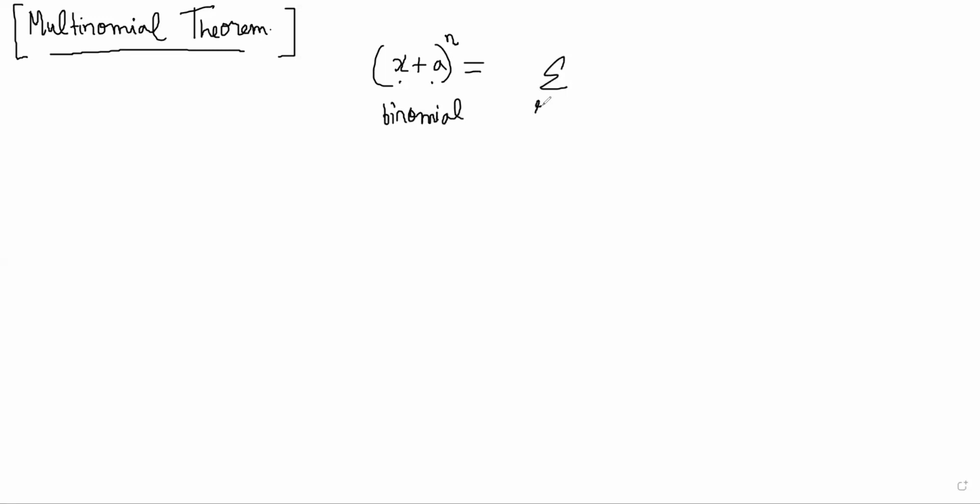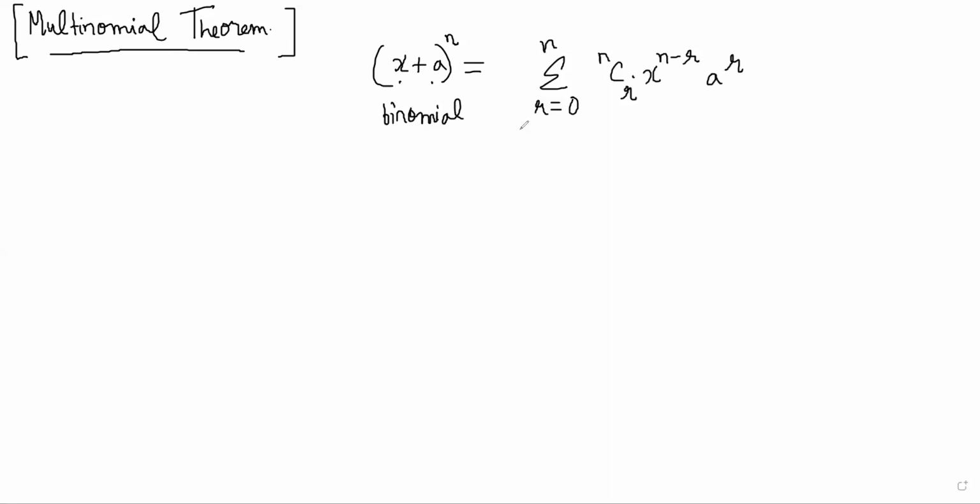We know that it is the summation over r equal to 0 to n, nCr, x power n minus r, and a power r, right? Yes. Now, suppose we had more than two terms.